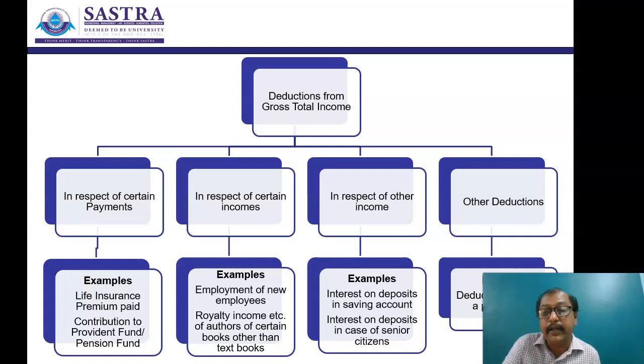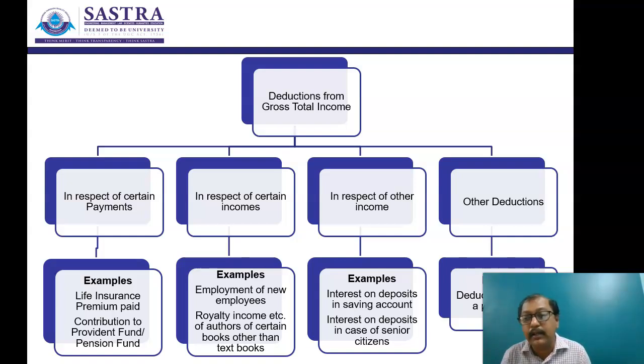And with respect to other income, the deductions can be in the form of interest on deposits in a savings bank account. Within a particular limit, say for example 10,000 rupees a year, you may be exempted, or the deductions can be given.